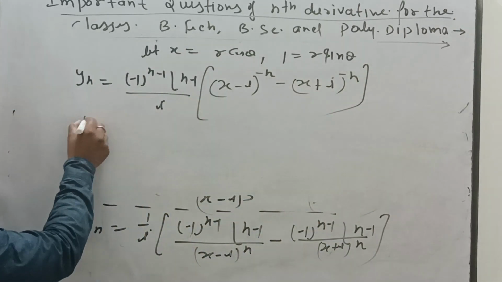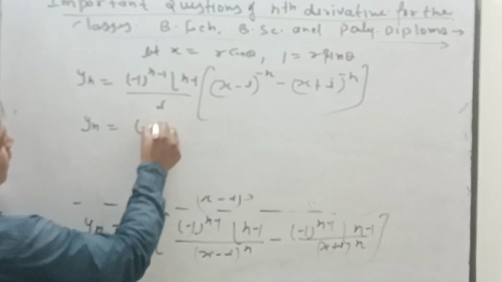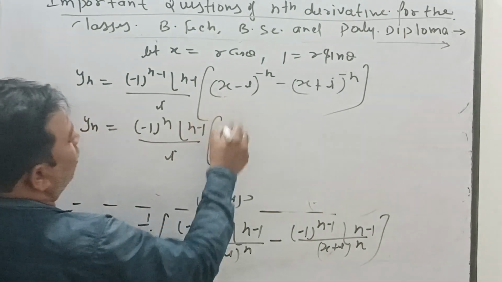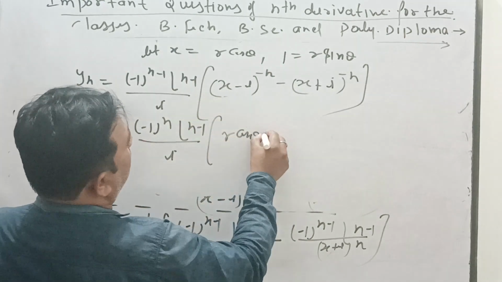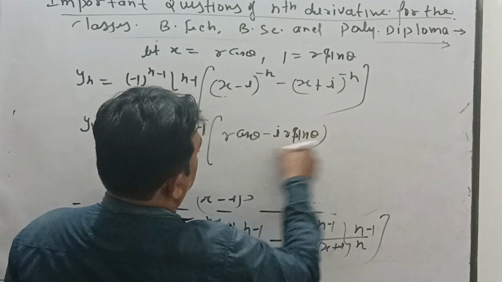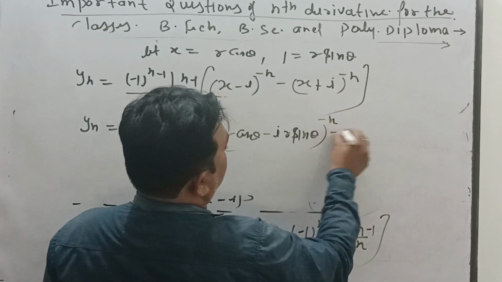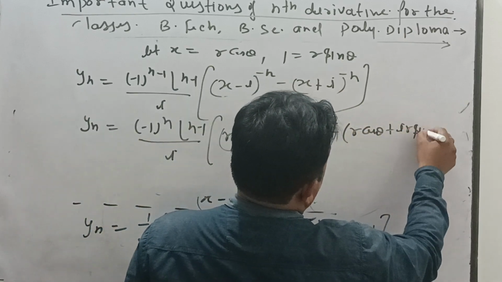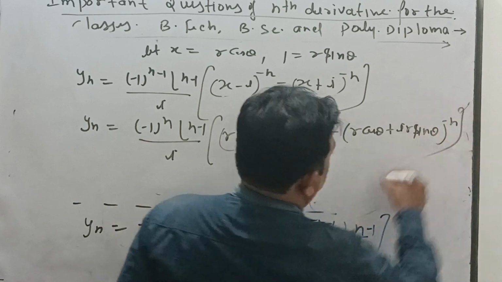You write the value of this: yn equals minus 1 to the power n, factorial n minus 1, upon i, times (r cos theta minus i r sin theta) to the power minus n minus (r cos theta plus i r sin theta) to the power minus n.